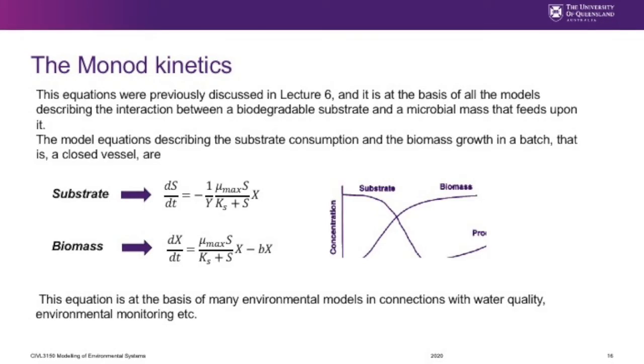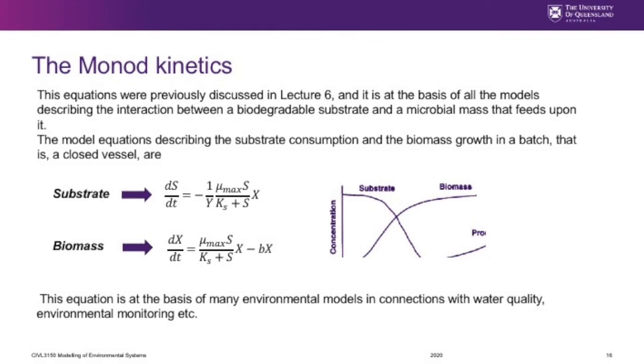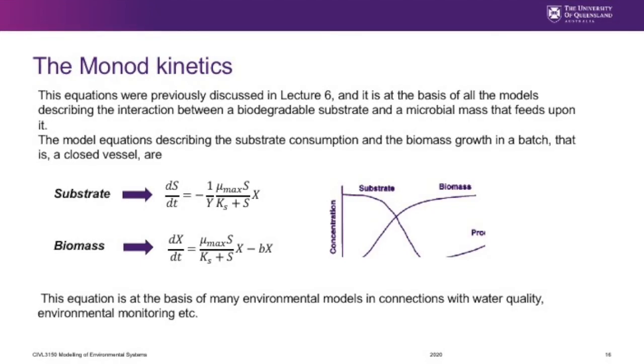So in terms of biomass, the biomass also has these constant values that are actually measured experimentally, and these can also be used as parameter values for the calibration or for parameter estimation that we will discuss later.